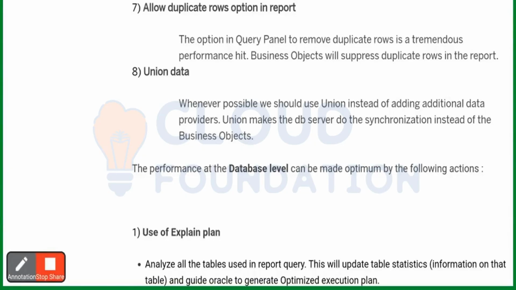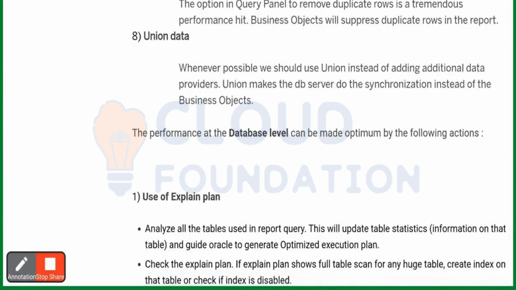The synchronization is not happening at the report level, instead it is happening at the database server. The load on the server will be less and the reports will be refreshed faster. This is one of the things that we can do.